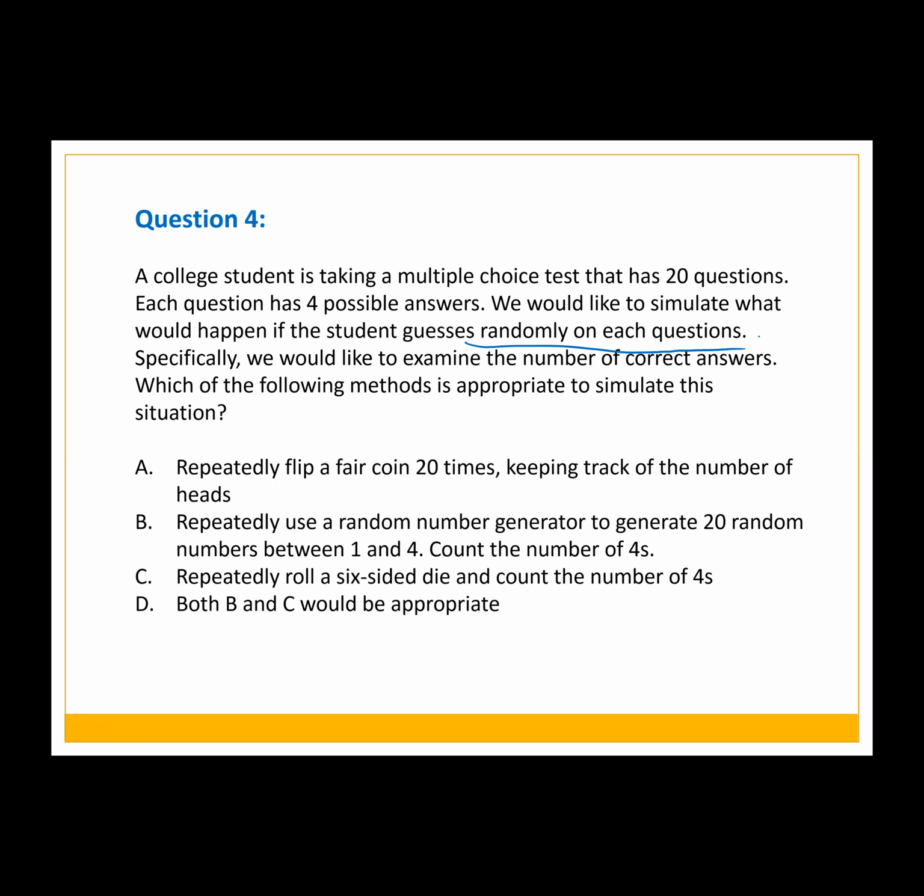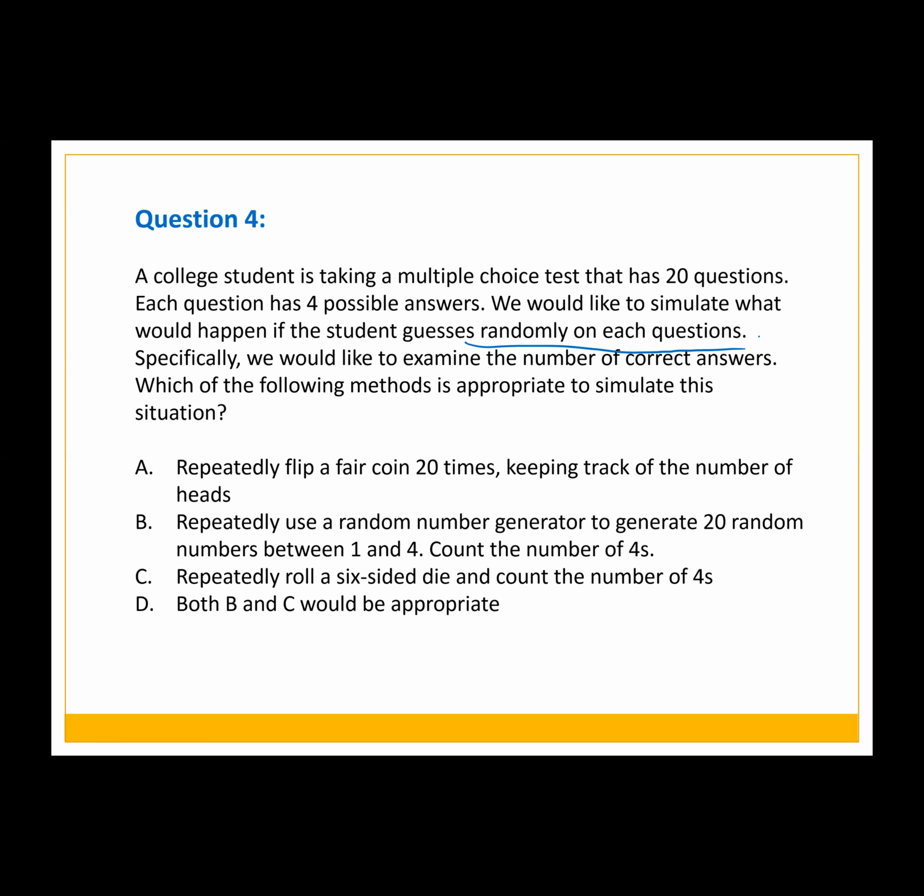The thing with simulation is that the probability model that you choose should have the same kind of possibility for the same answer. So instead of choosing an answer, you might do something else that also has 4 possible choices, and each of the choices has the same chance of being chosen. So let's look at the answer choices. A, repeatedly flip a fair coin 20 times, keeping track of the number of heads.